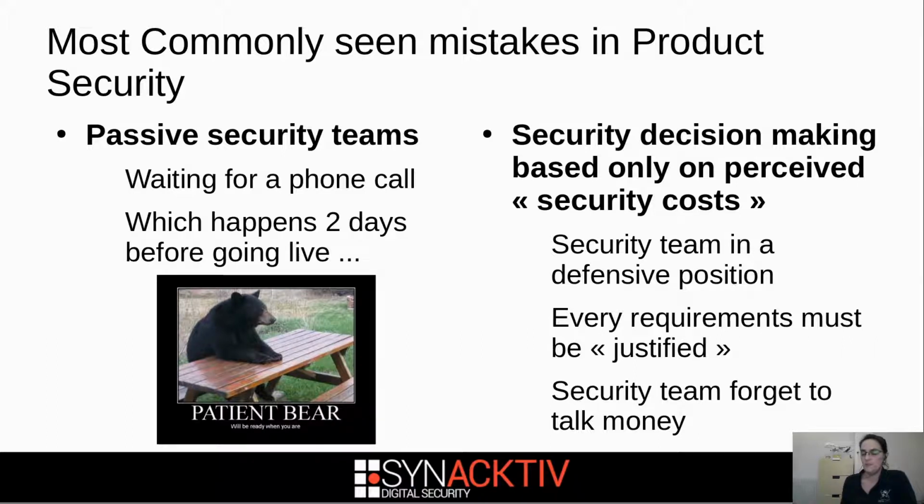And the security team finds itself in a defensive position where it must justify somehow that its requirement is a good requirement. Every requirement from security must be justified. And most of the time security teams are not equipped or don't think about talking money.